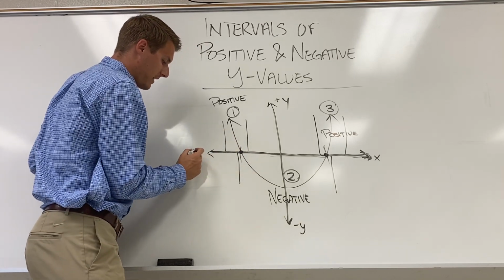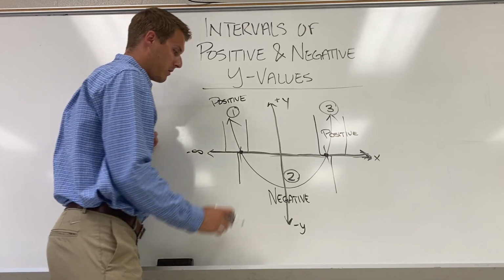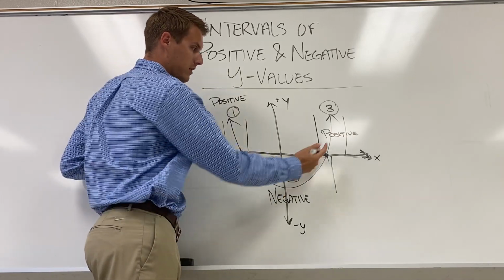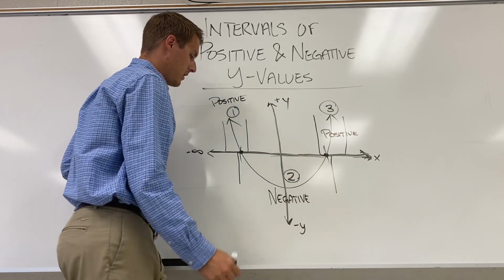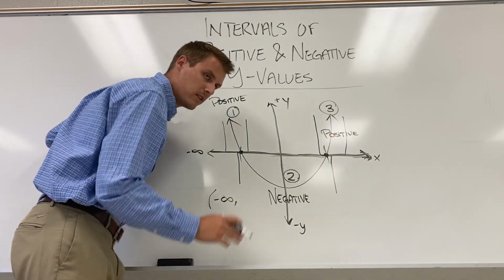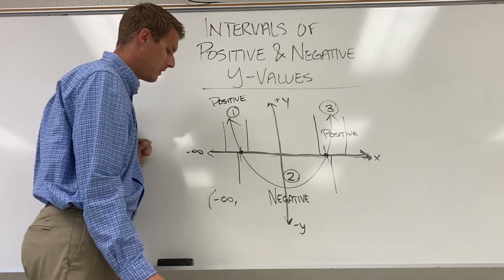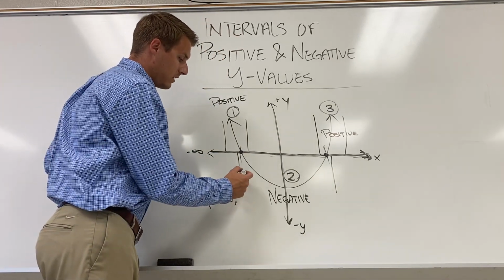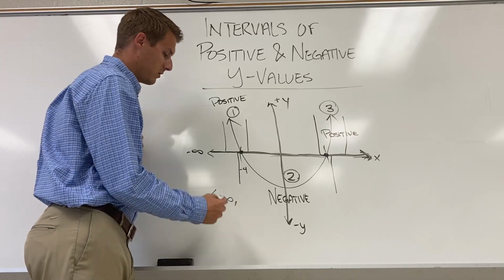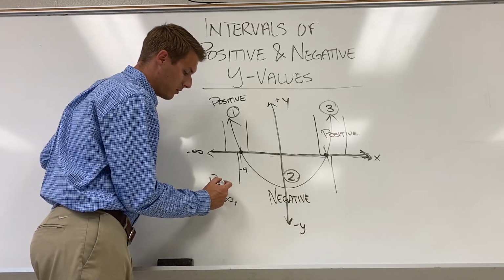So if I've got negative infinity out here, we know this graph is going to go on forever. And go on forever. So my interval is always going to start, remember, at negative infinity. That's where my first interval is going to start. Negative infinity to, let's say that's negative 4. Okay, so this is a positive interval, right?